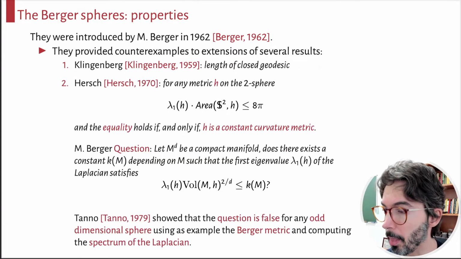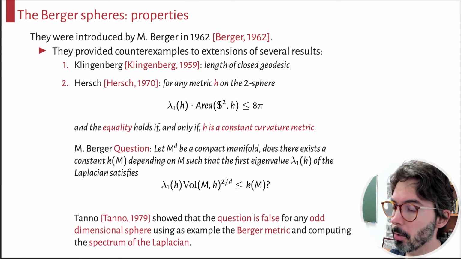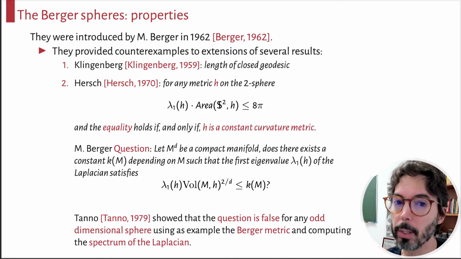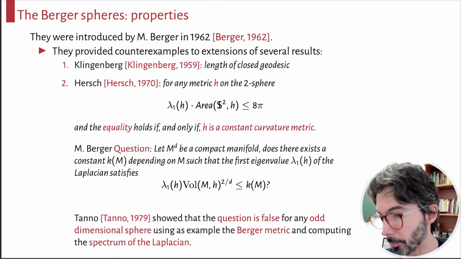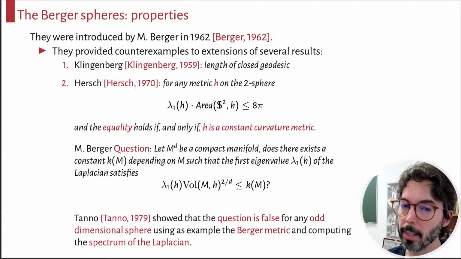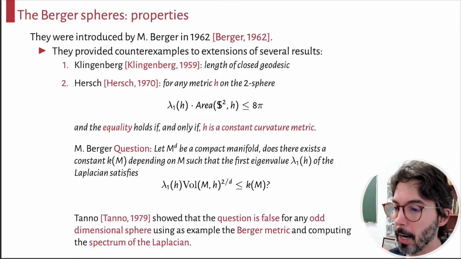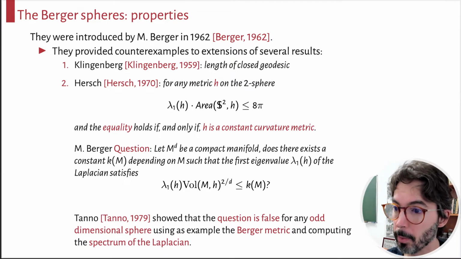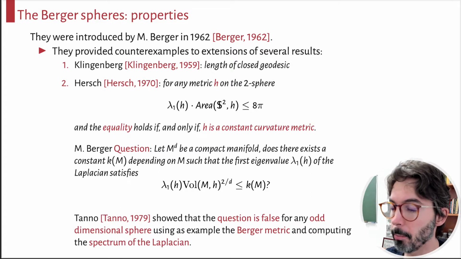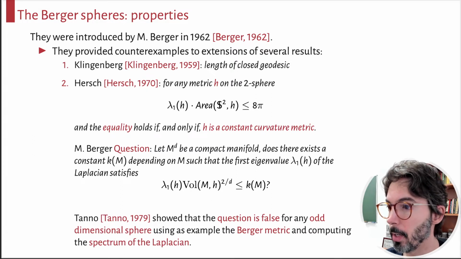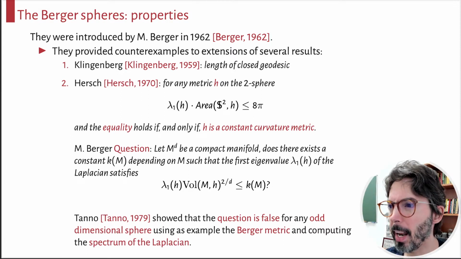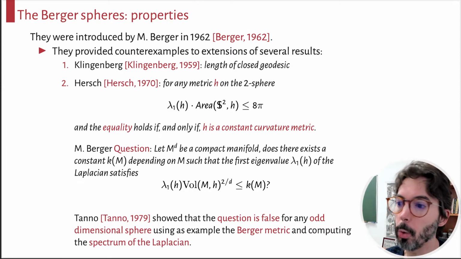Okay. Next, I'm going to mention the result by Hersch in the 70s, that for any metric on the two-sphere, the quantity lambda 1 times area is bounded above by 8 pi, and the equality holds if and only if the metric is a constant curvature metric. Okay, so Berger posed the following question, which is actually to generalize the previous inequality to higher dimension.